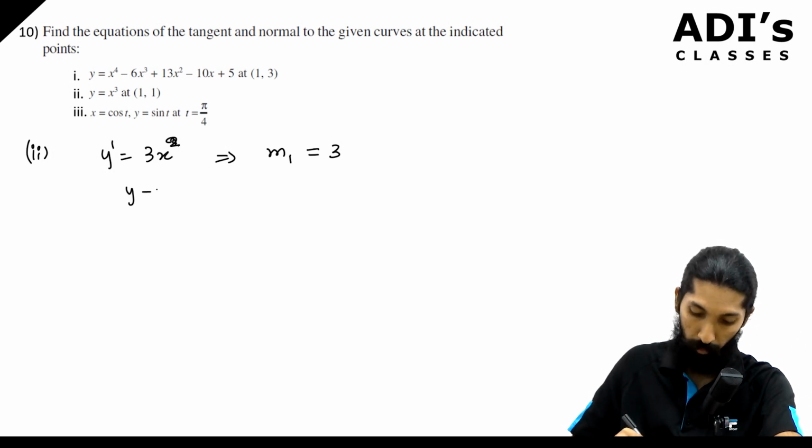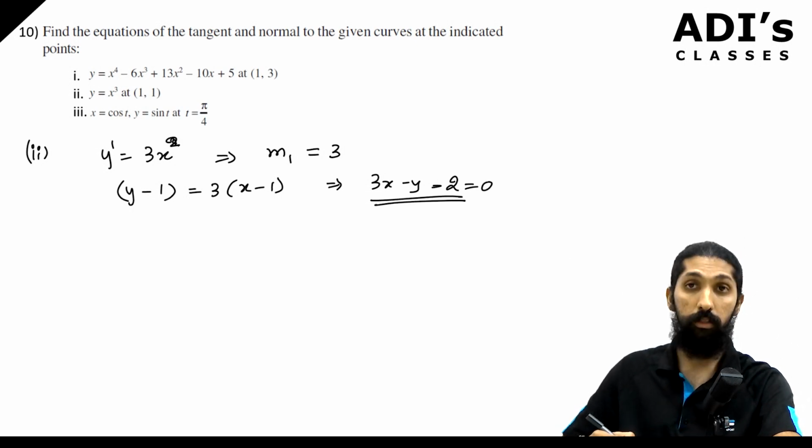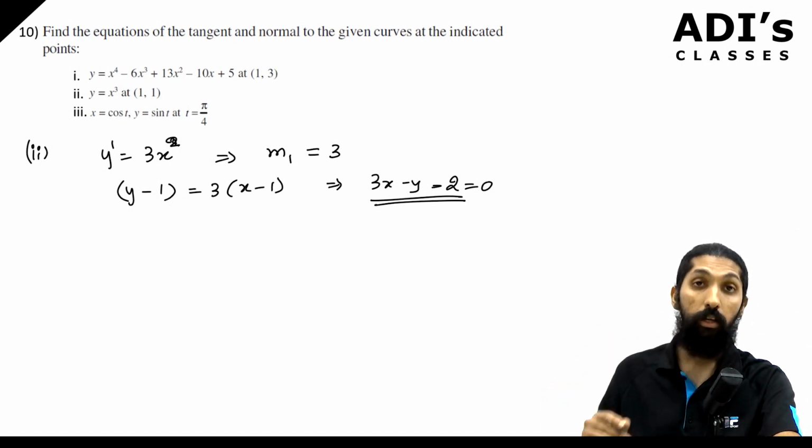So y minus y1 is equal to m into (x minus x1), or you get 3x minus y minus 2 is equal to 0. This is the answer for the first one, as in the equation of the tangent. Now equation of the normal.